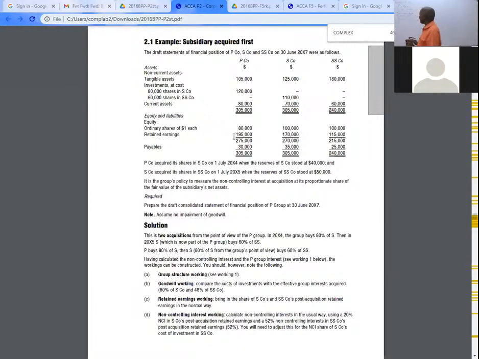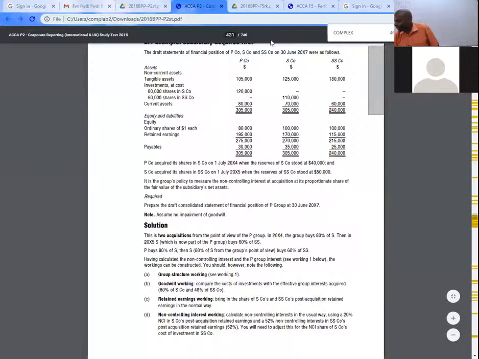Now, from there, ladies and gentlemen, the next item here is current assets. Could you kindly see the current assets that we have? I can see 80, 70, and 60 and consolidate them. So we have here 80 plus 100 plus 100 plus 100 plus 100 plus 100.